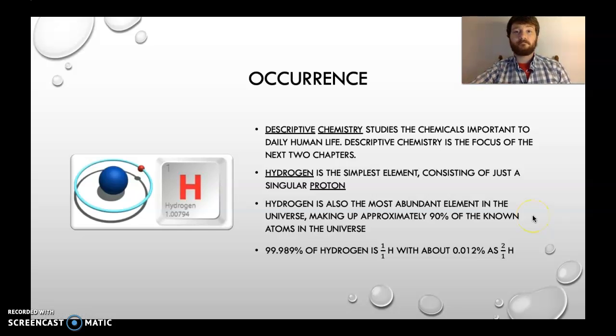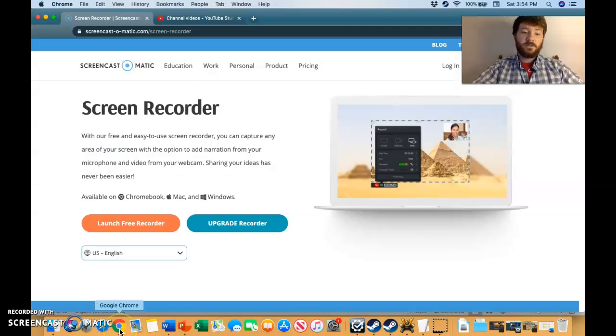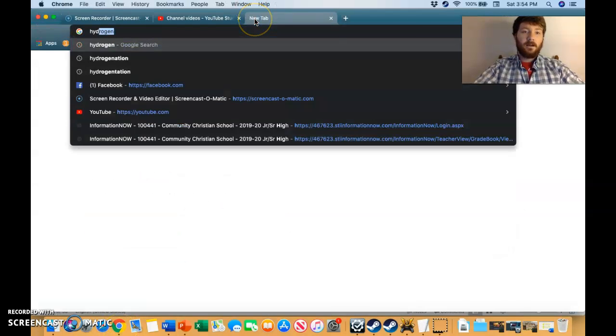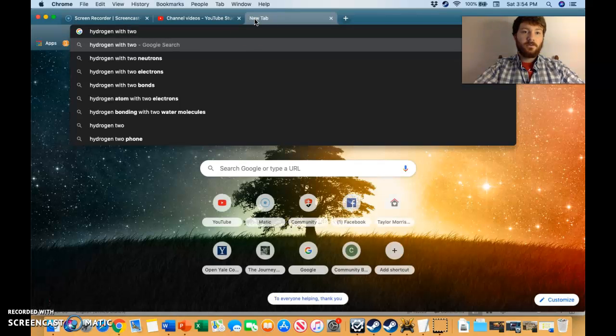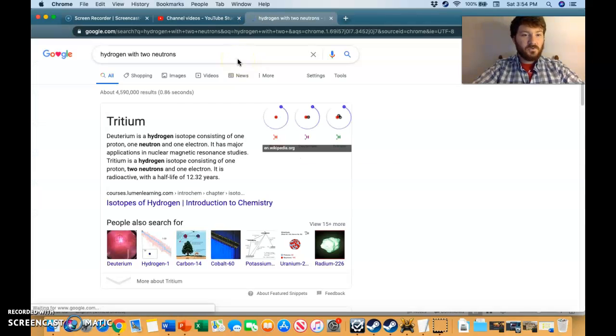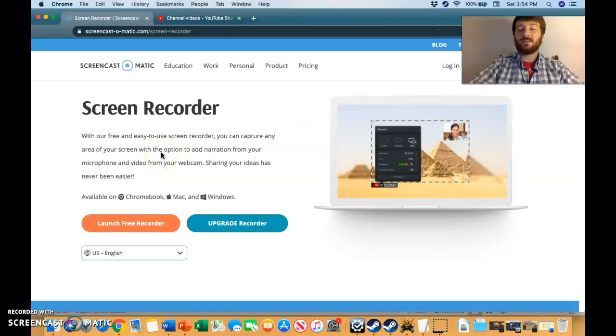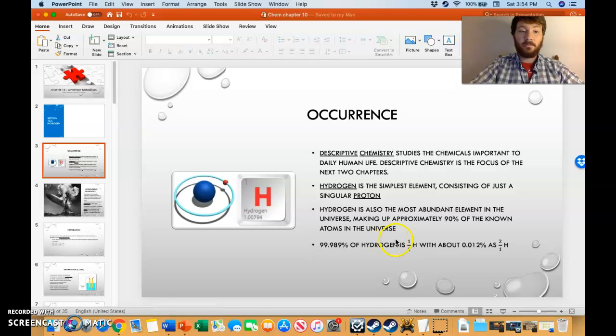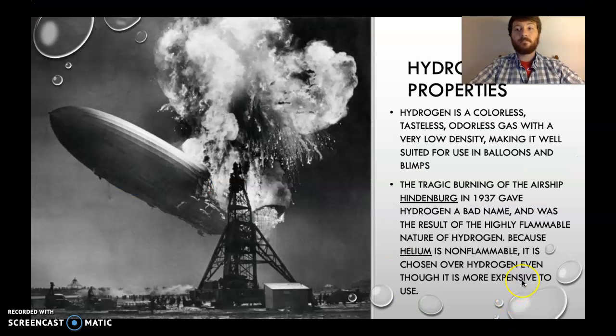And then some hydrogens actually have 2 neutrons, which, let's see, hydrogen with 2 neutrons, tritium, that's it. And so, anyway, that stuff's unnatural. It doesn't occur in nature, but we can make it for nuclear purposes. Hydrogen is pretty useful, and here we have a picture of the Hindenburg.